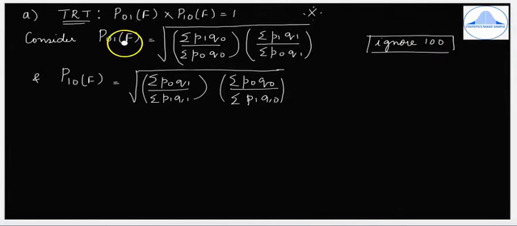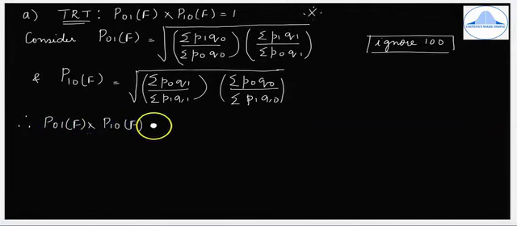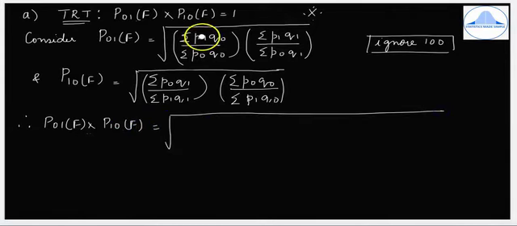Now with P01 of F and P10 of F, you have to multiply both these terms. So P01 of F into P10 of F is equal to, draw a long square root and replace all these summations by their respective totals.